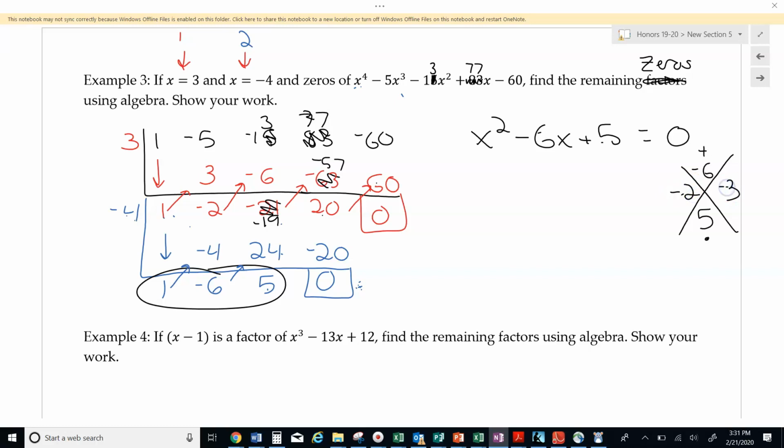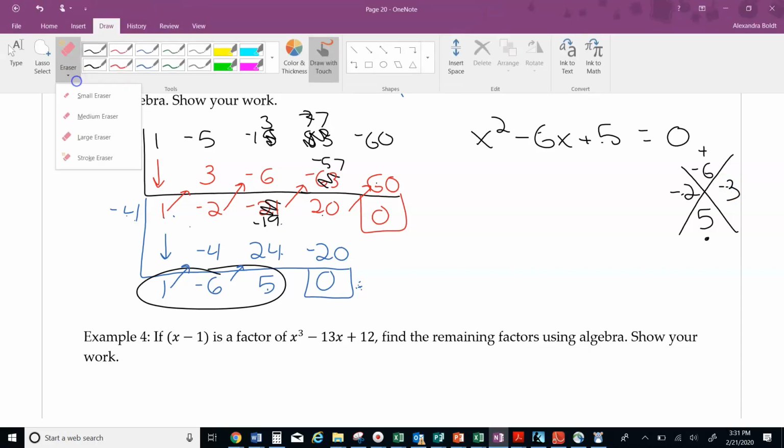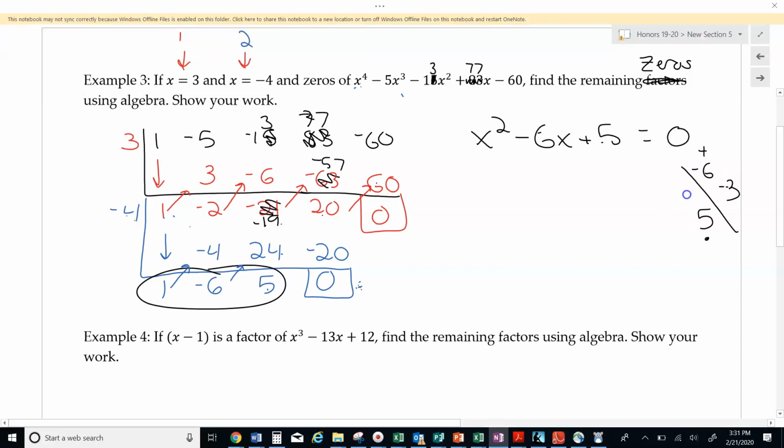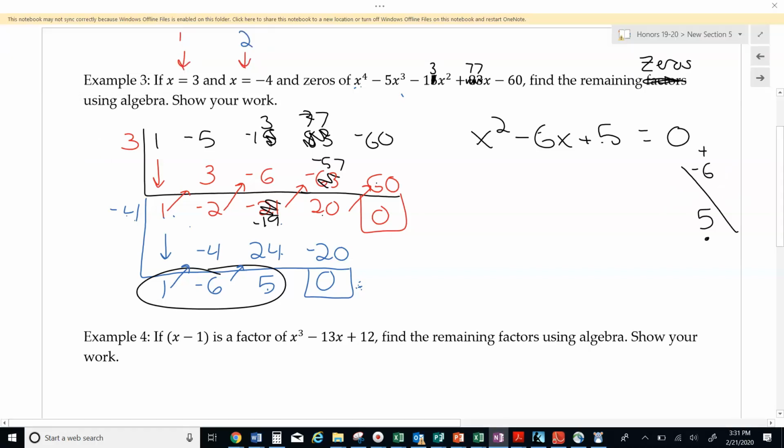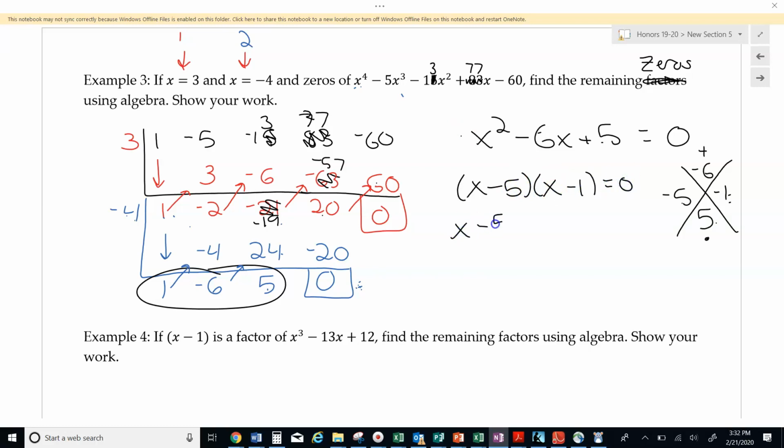A negative times a negative. Wait. No, I added and multiplied to the wrong thing. That's going to be -5 and -1. -5 times -1 is 5. And -5 plus -1 is -6. We don't have to worry about dividing by anything because there's nothing in front of x. So x minus 5.